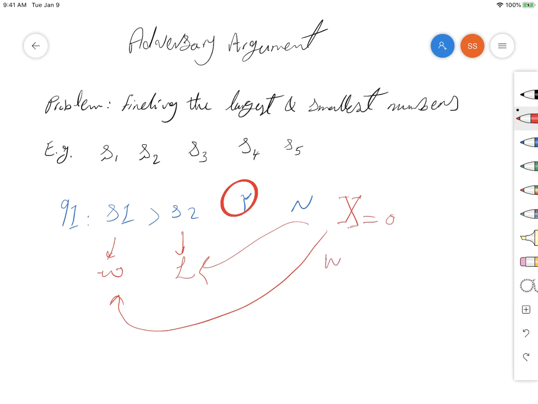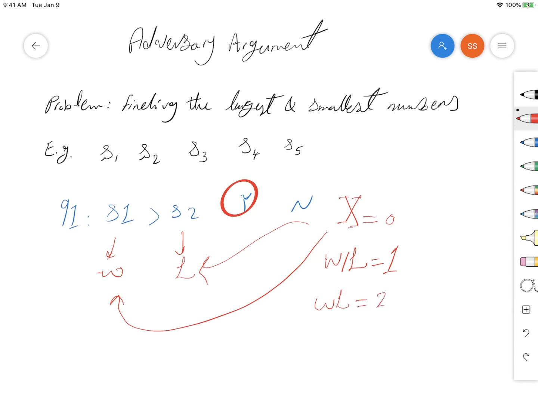So either W or L, then we'll have one piece of information. And when we have, for example, some values that both won some comparison and also lost some comparison, we have WL, which gives us two pieces of information.